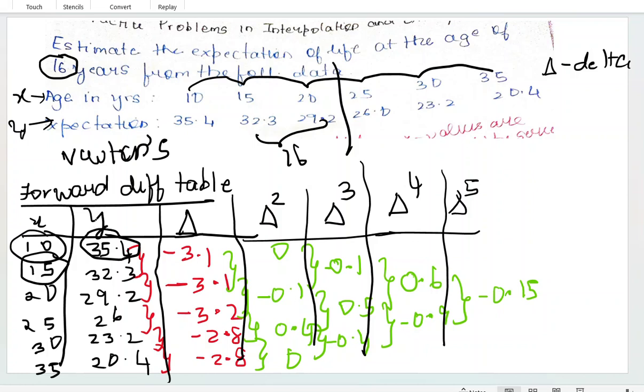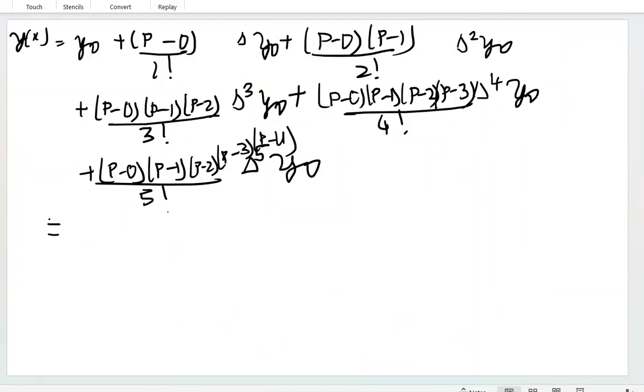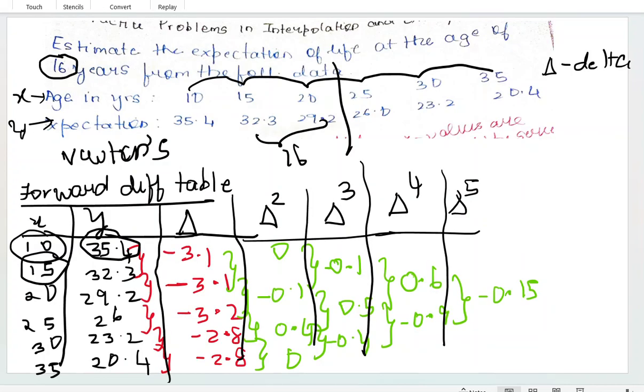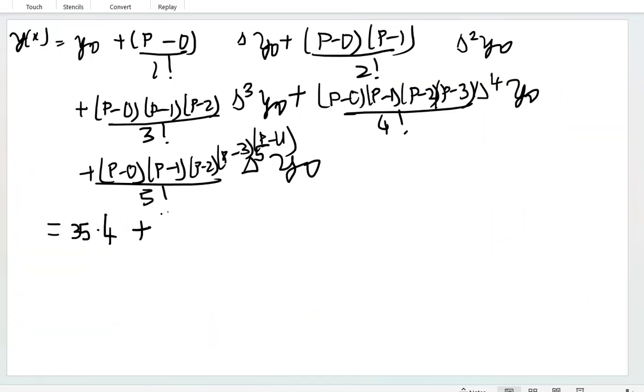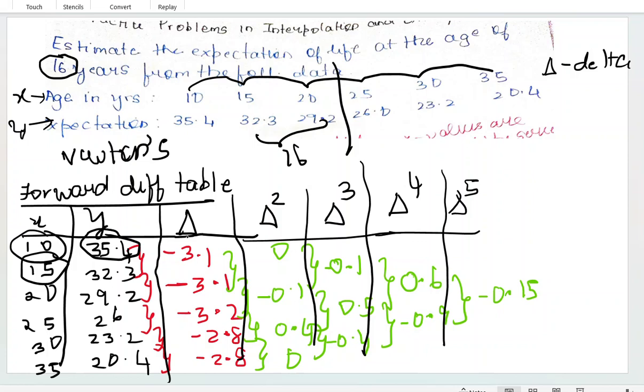The y naught is the first value in the y column, that is 35.4, plus p is the value which we found, 1.2. So 1.2 minus 0 upon 1 factorial. Delta y naught is the first value in the delta column, which is minus 3.1.